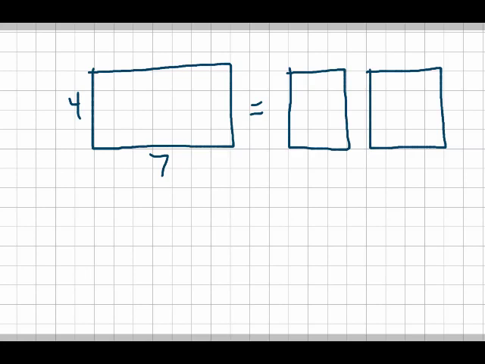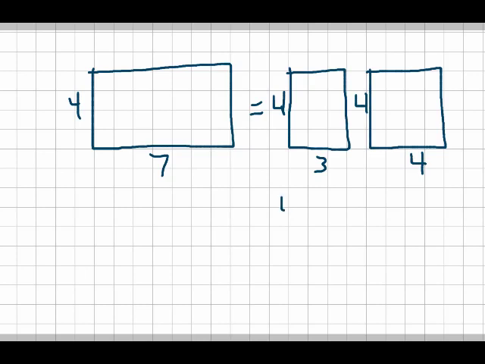But now my new dimensions are, it's still 4 on that side. The new length on that side is 3. And then this one's still 4, and the new length on this side is also 4. So if I wanted to find the area of the 2 rectangles on the right side, there are 2 potential ways to do it.